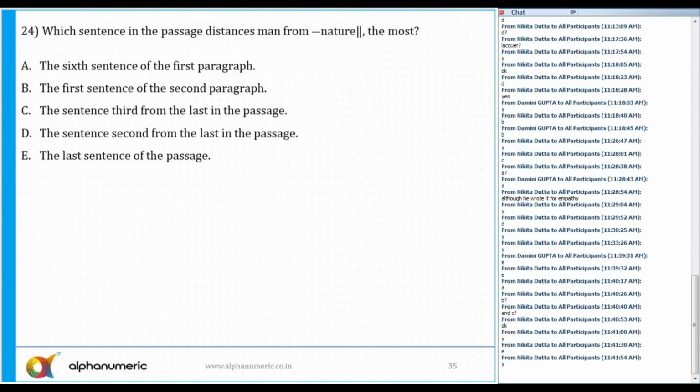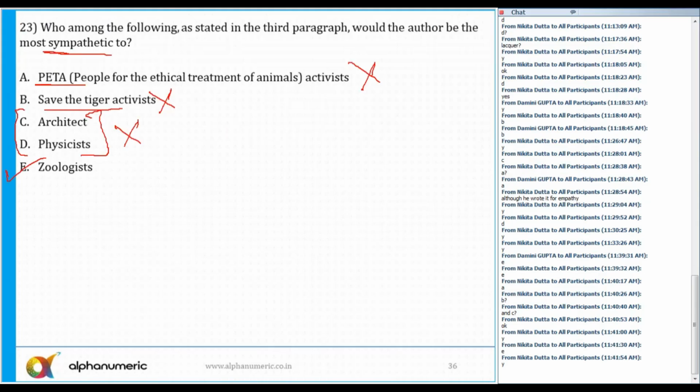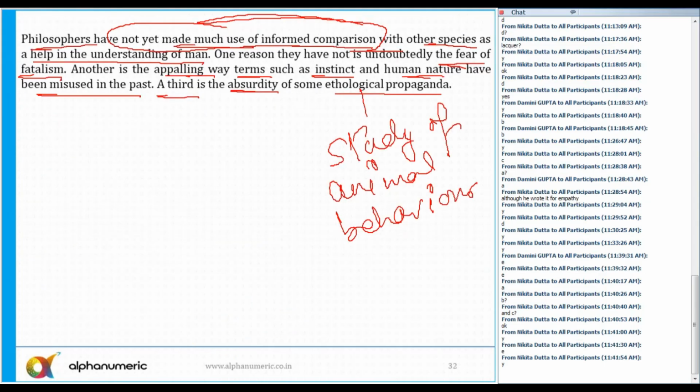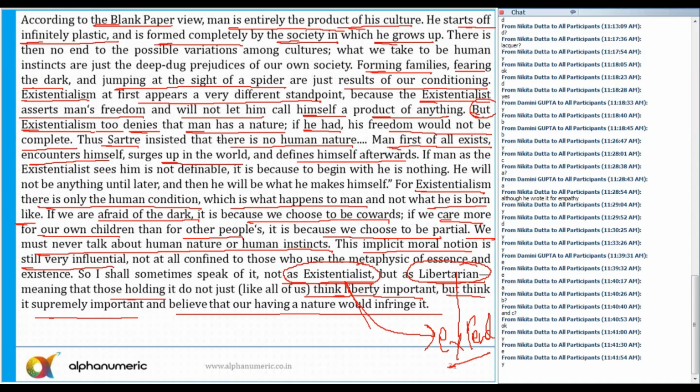And finally, which sentence in the passage distances man from nature the most? I think the first sentence of the second paragraph, because what does it do? It says man is entirely the product of his culture.